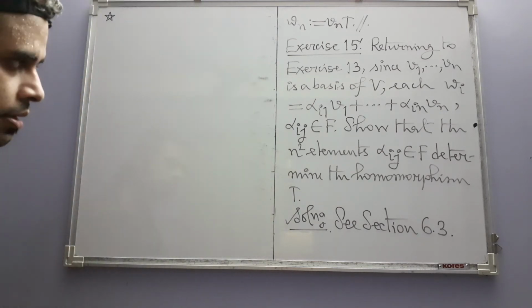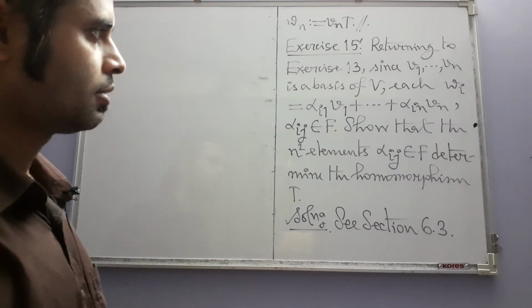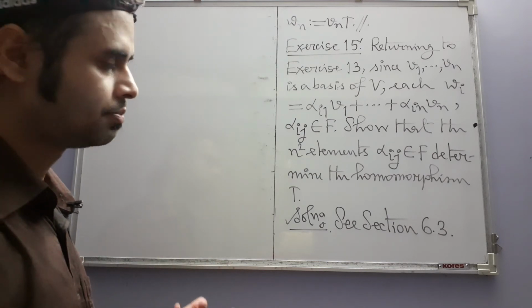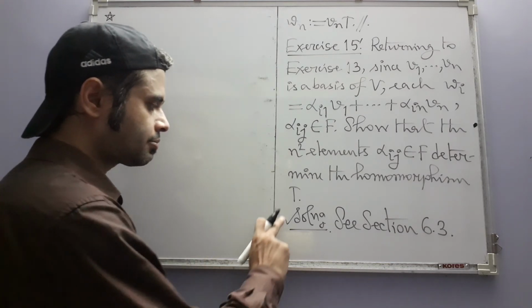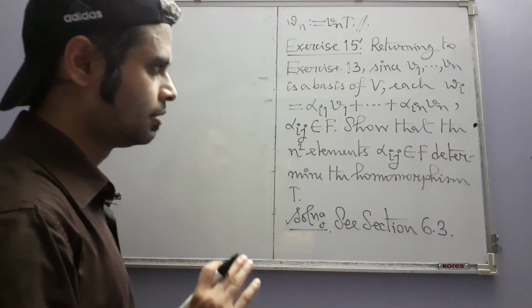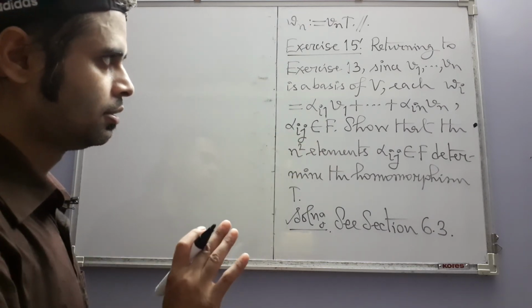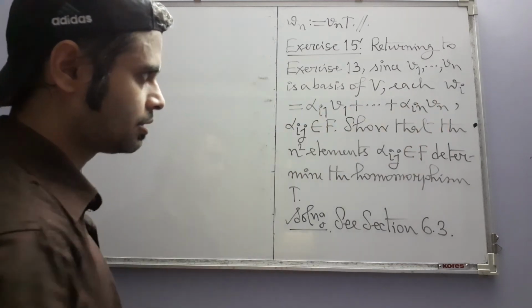Now the actual exercise is that these alpha i's in fact determine the homomorphism completely, and they tell us exactly what needs to be said about T. What that means is this: if T is given and a fixed basis is given, then these alpha i's are uniquely determined, which of course is not surprising.